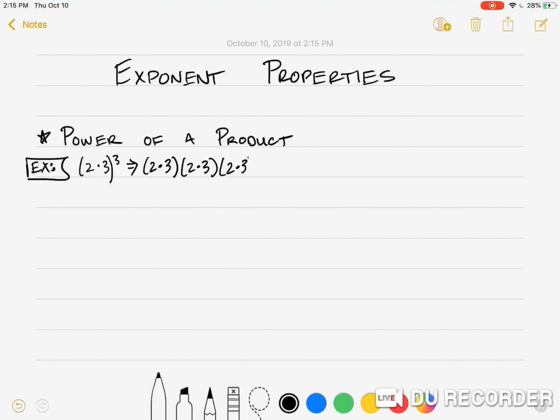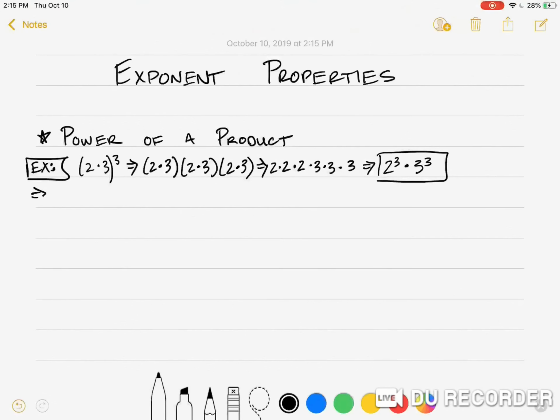So 2 times 3 times 2 times 3 times 2 times 3. We can rearrange this and simplify it to 2 times 2 times 2 times 3 times 3 times 3. And now we know, because of our experience with exponents, that this is really 2 to the third power times 3 to the third power. And that would be the final answer for a power of a product rule.